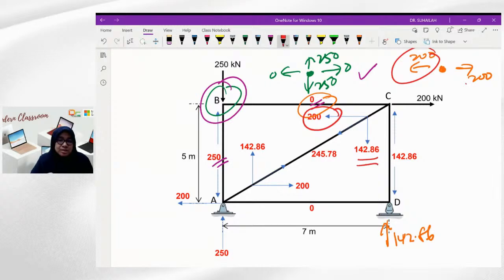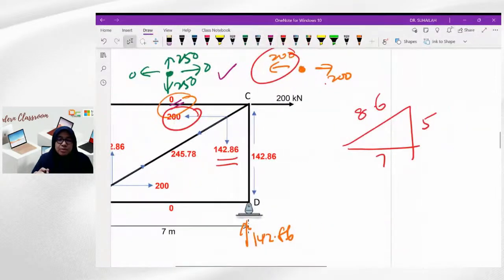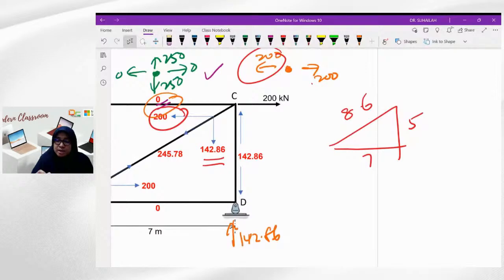In the interpolation, we actually use trigonometry. This is 7, this is 5, so this is 8.6. So what we do is we interpolate, meaning 7 is equivalent to 200, so 5 is equivalent to what?